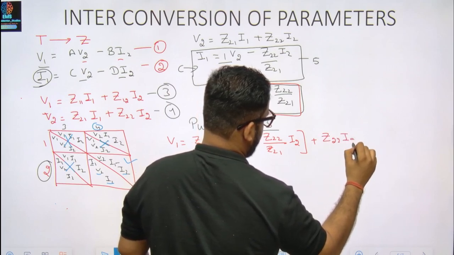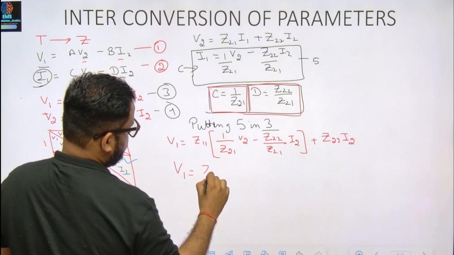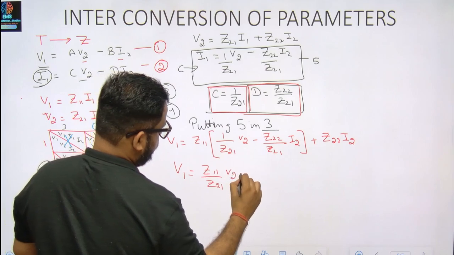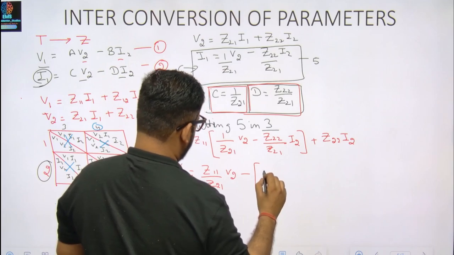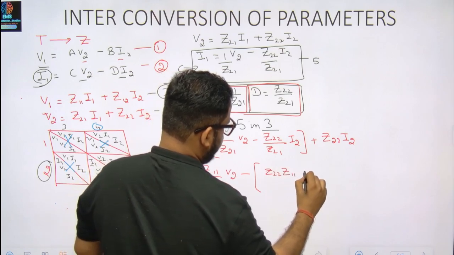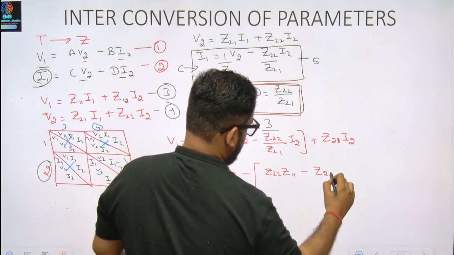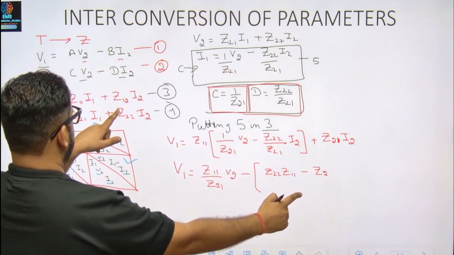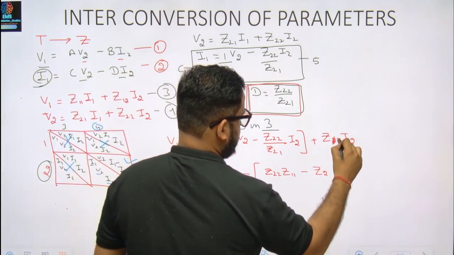Z22 I2। Now solving for this, we get V1 is equals to Z11 by Z21 V2 minus, I'll take minus as common, Z22 into Z11 minus, this is Z12, sorry, this is Z12.